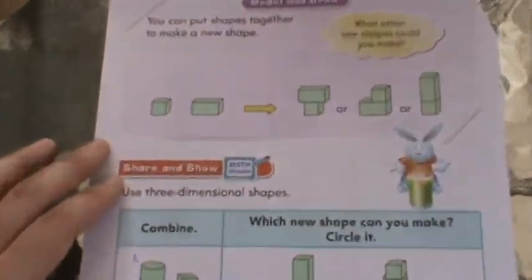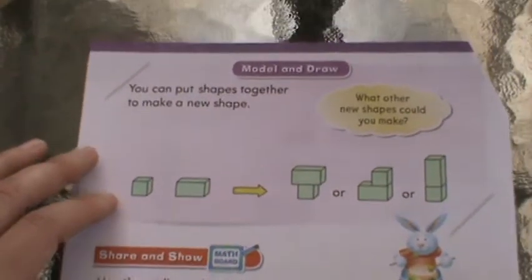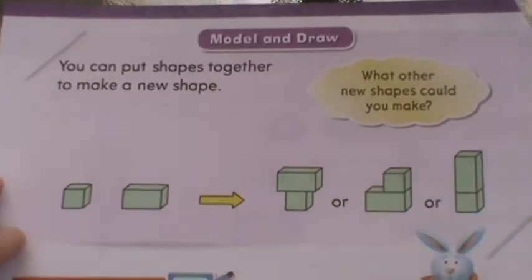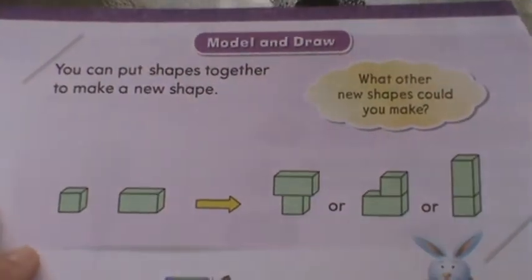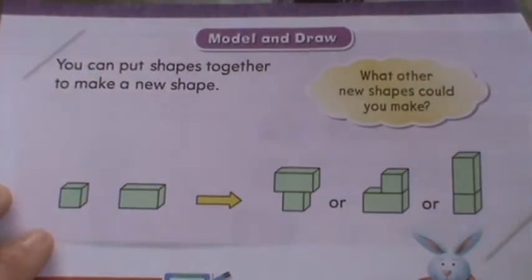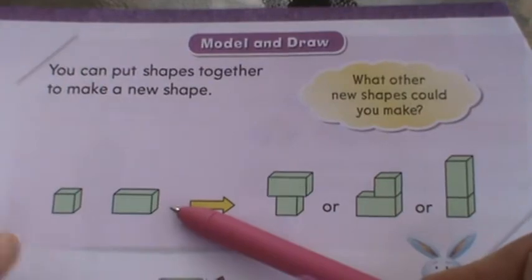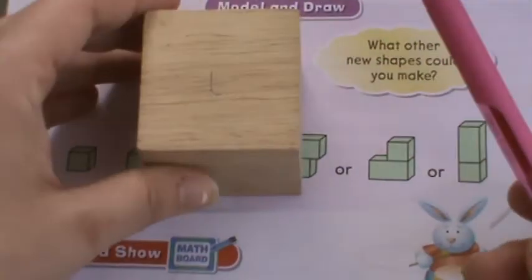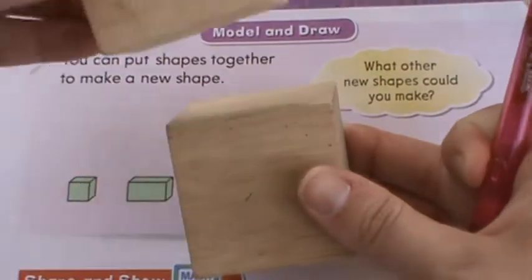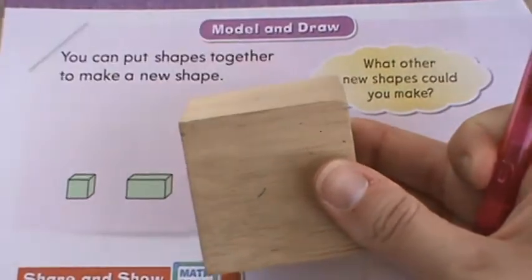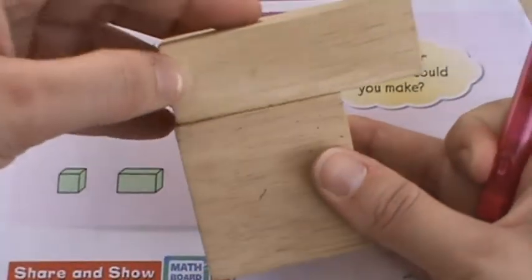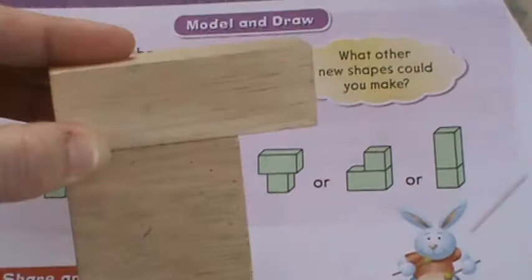Alright, on the next page, it says model and draw. You can put shapes together to make a new shape. So this is where it's showing you a cube and a rectangular prism, which would be just like getting this cube and this rectangular prism, or even this rectangular prism.